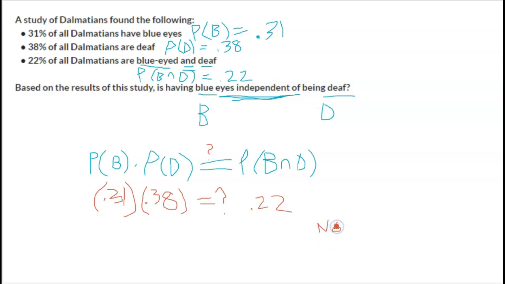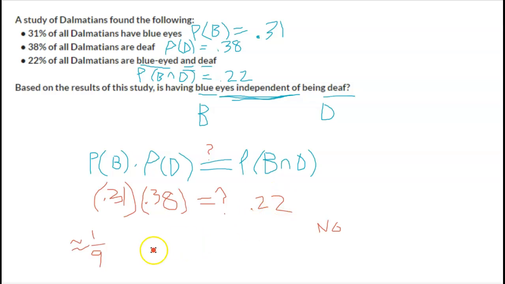Check on your calculator. I mean, I'll just sort of rough it for you, right? 0.31 and 0.38 are both near 0.33, which is about a third. So you've got about a third times about a third, so you've got about a ninth. About a ninth. You know, pull out your calculator, you'll get 0.08 or 0.09 or 0.10, something like that, maybe even 0.11, and that's certainly not equal to 0.22.